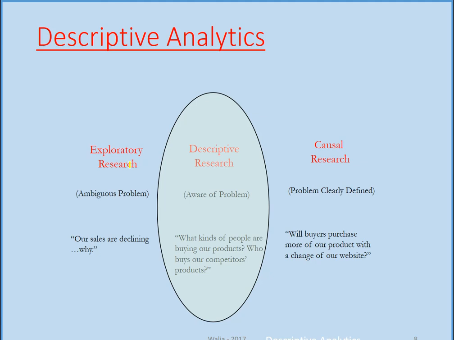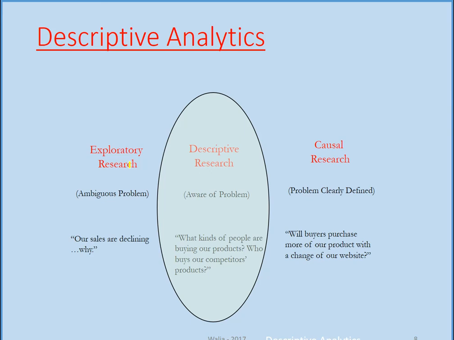Once that step is done, you move to the second step, which is descriptive research under descriptive analytics. So now you are becoming aware of the problem. Since we have done exploration of our data, now we can start saying, okay, customers in this age group are buying our products, or our product is sold mainly on Saturdays and Sundays, or our product sale is declining by 10% each month.